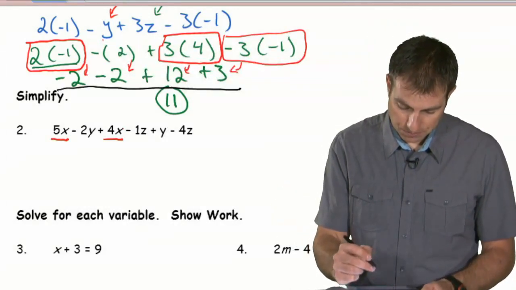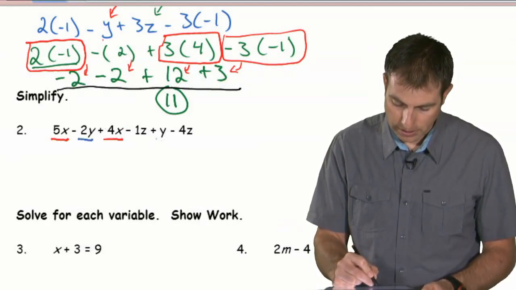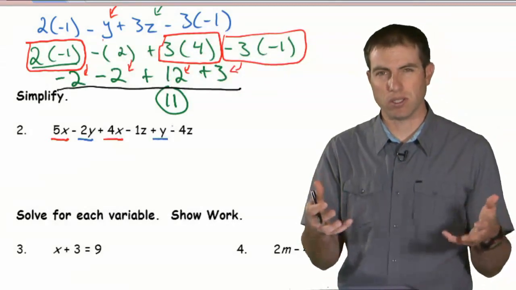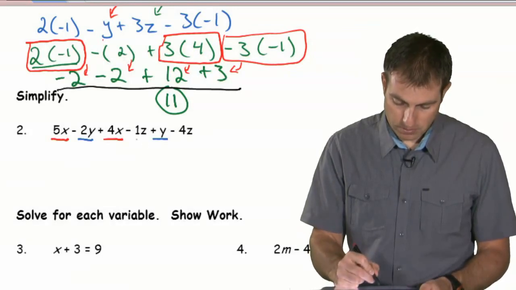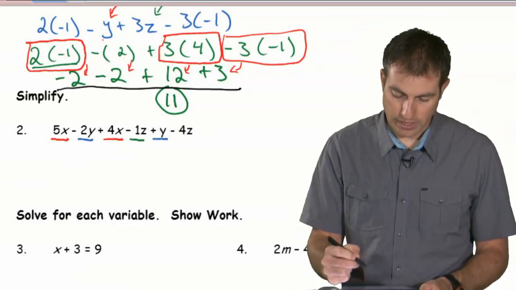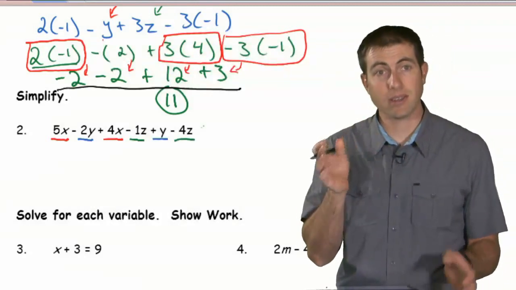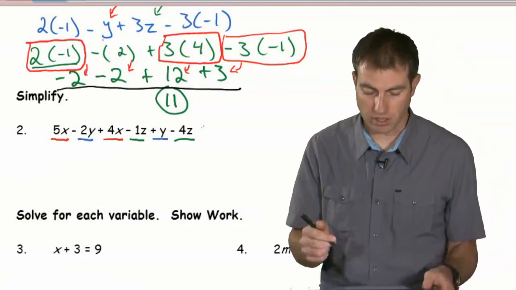My other variables, I have my y's. So I have -2y's, and then I just have 1 here. Of course, we don't write the 1 in front of the y, but we know there's kind of one of them there. And lastly, I have my z. So I have -1, and then I have -4. We're gonna stick the signs with those things. So if it's a negative in front of the 4, there's going to be -4 of those.